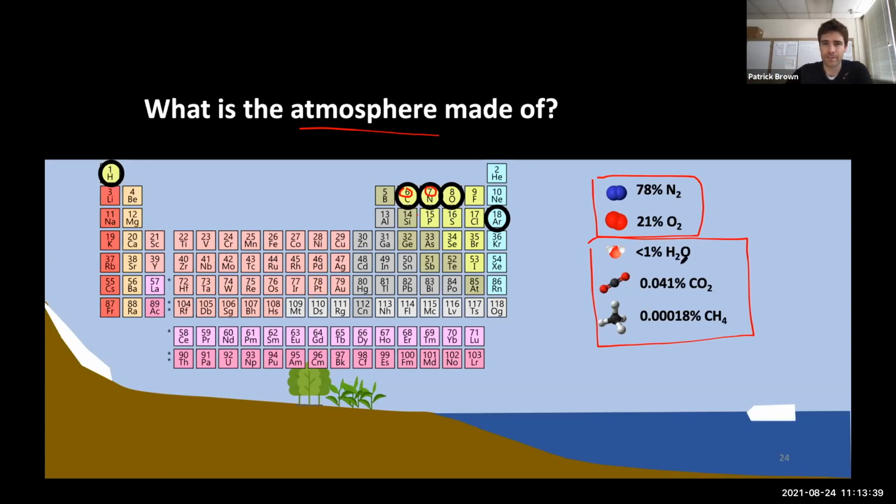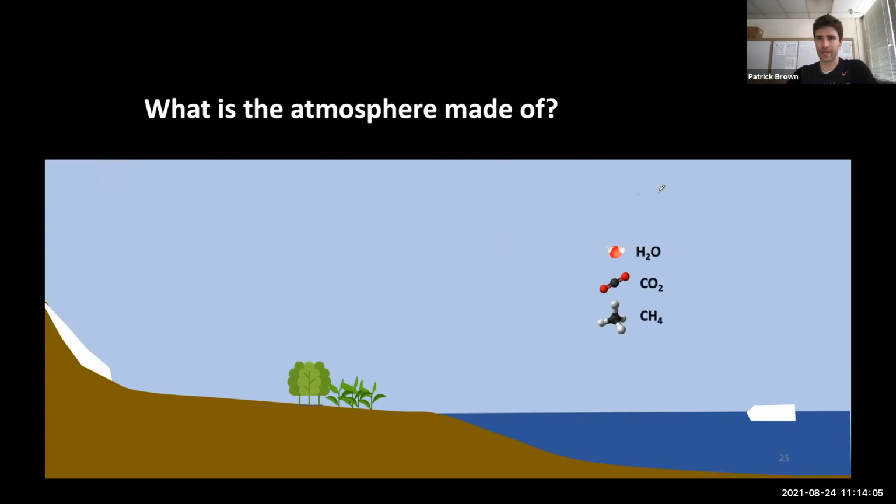And these more complex molecules have these magnetic dipoles. And so it turns out that it's the structure of the molecules themselves that is important as to whether or not they are a greenhouse gas. So we're going to leave nitrogen and oxygen aside and not talk about them a whole lot, and focus on these greenhouse gases, even though they're a very small percent of the atmosphere by volume.